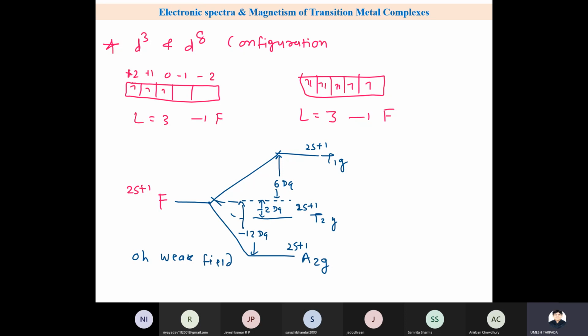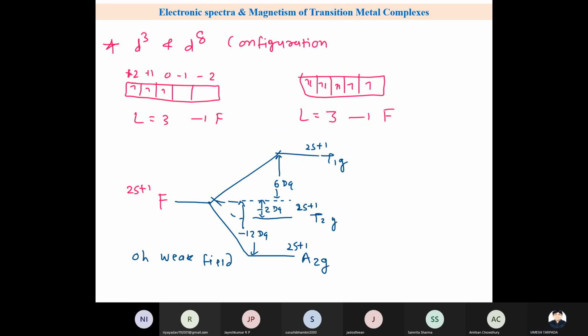In short, these are the diagrams for the splitting of different terms. Especially the F term is split into three different orbital terms, that is A2g, T1g and T2g.